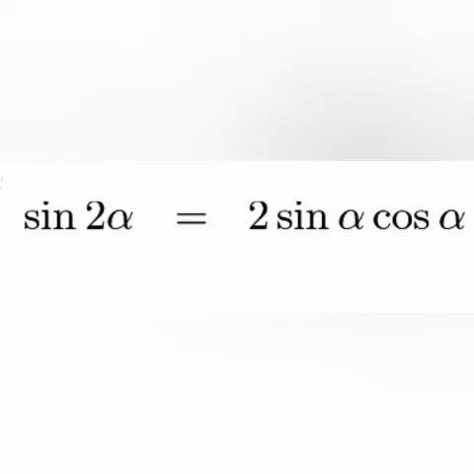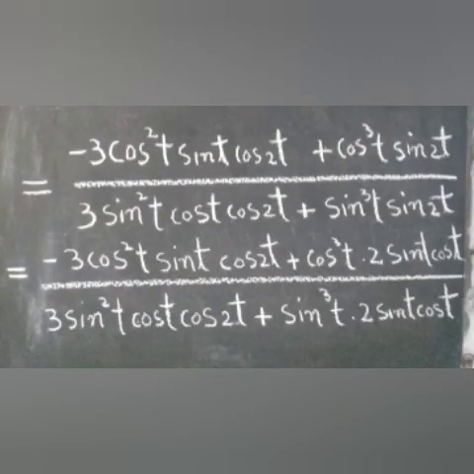Since we know that sin 2 alpha is equal to twice sin alpha cos alpha, we can use this trigonometric identity in dy by dx. In the numerator, we have sin 2t in the second term, and also in the denominator we have sin 2t in the second term.